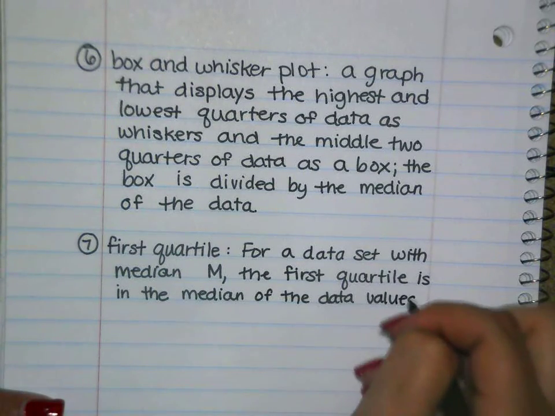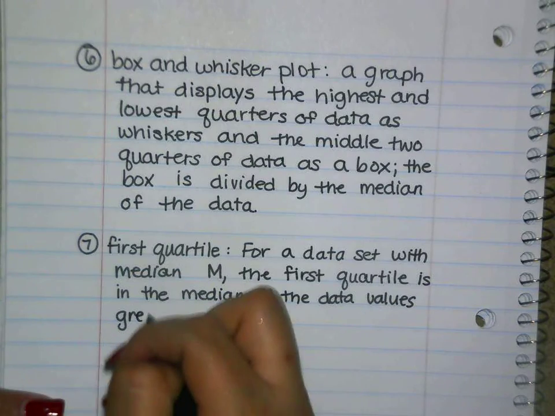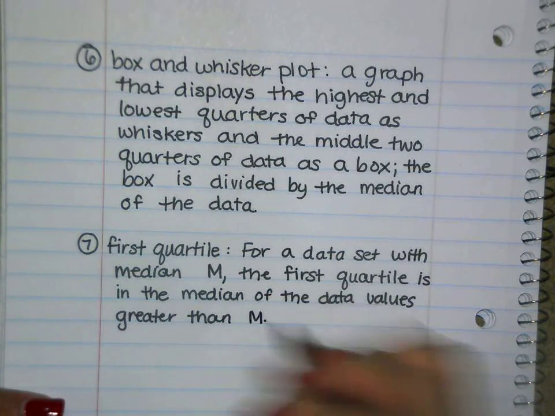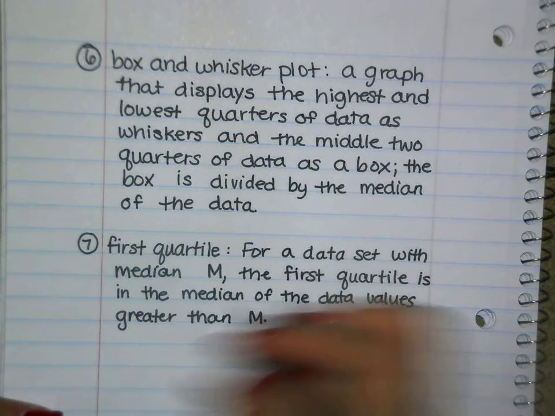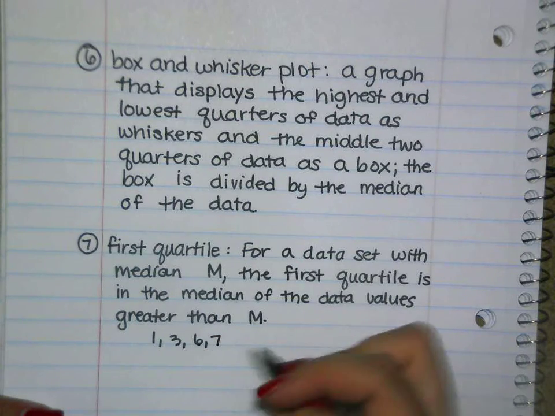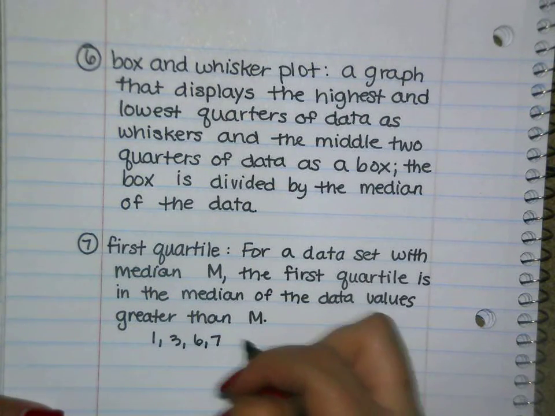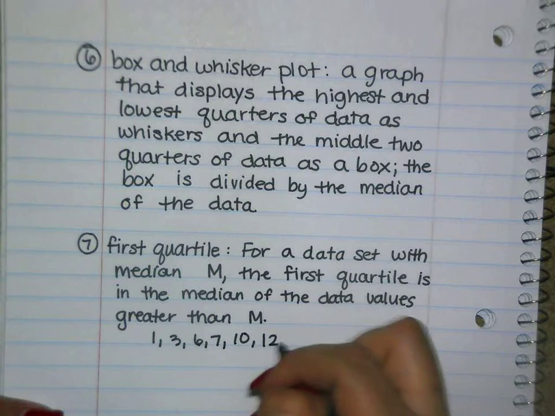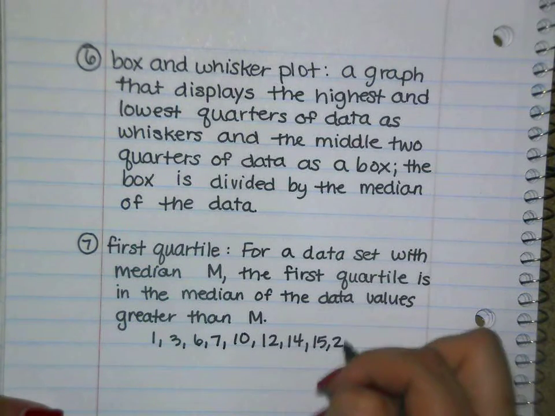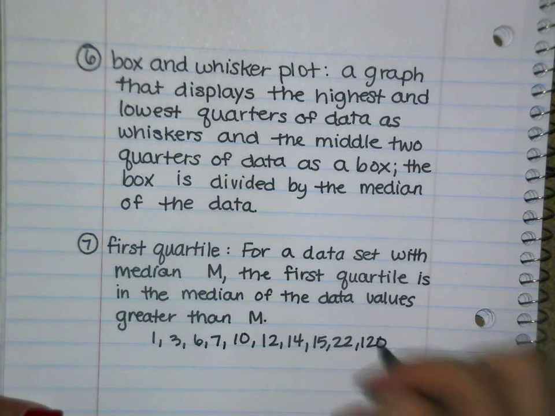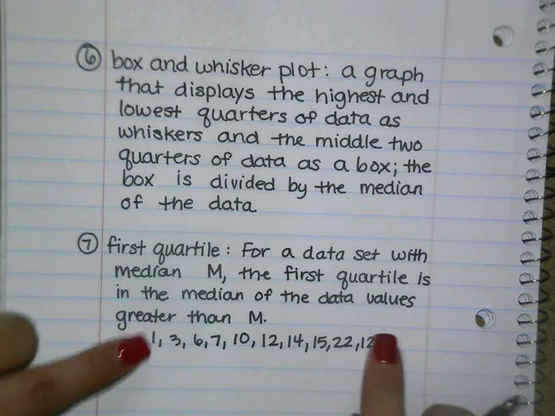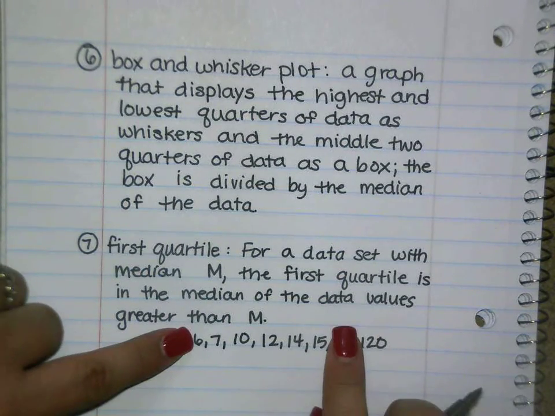For example, if we have a data set 1, 3, 6, 7, 10, 12, 14, 15, 22, and 120, then the median is, let's see, 1, 2, 3, 4, 5, so the median is 11.